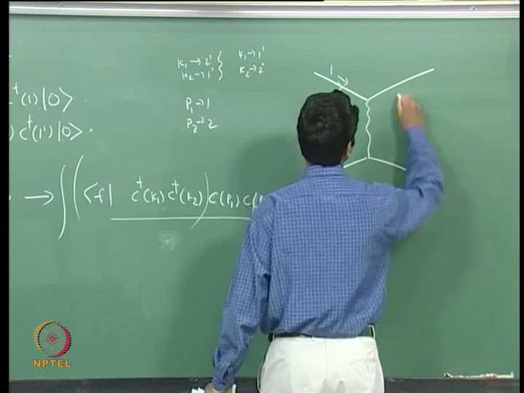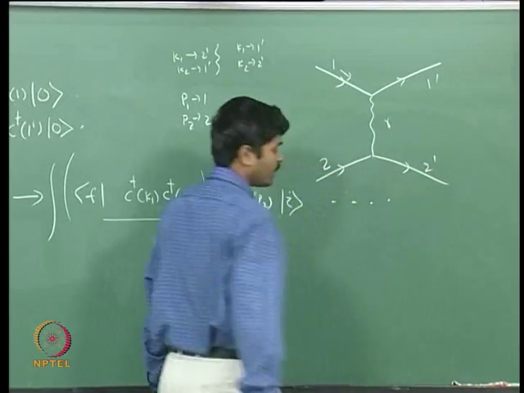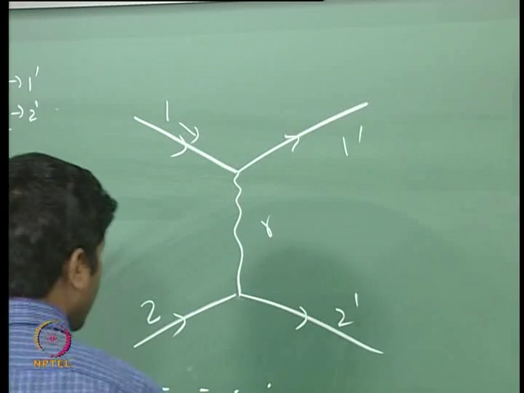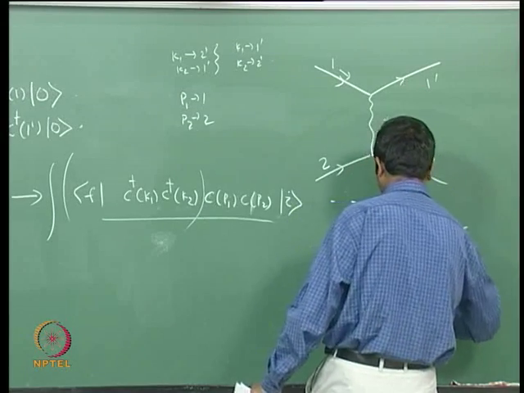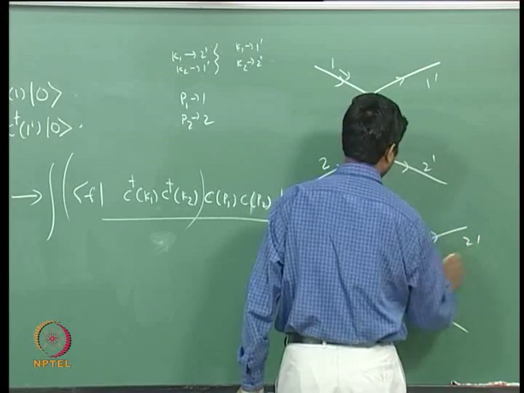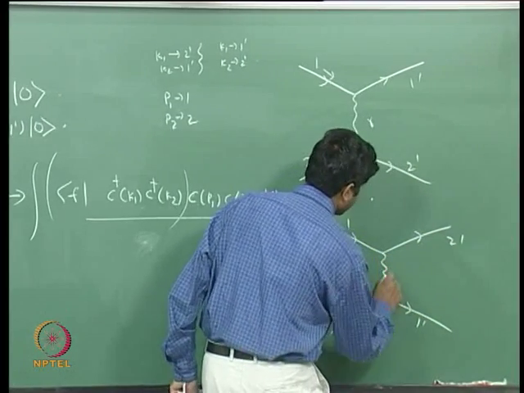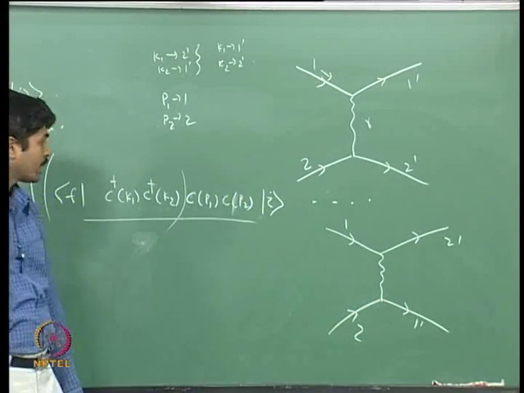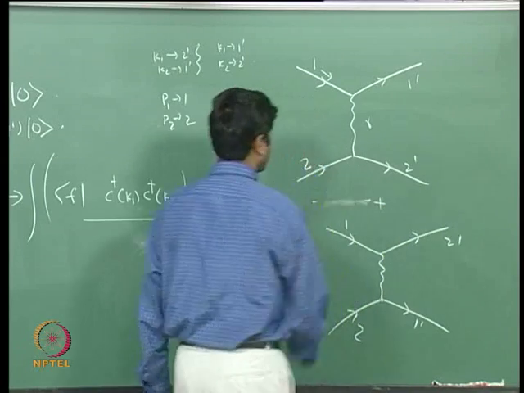So 1, 2 going to 1 prime, 2 prime, there is a photon propagator, or you have this possibility here, 1 going to 2 prime, 2 going to 1 prime, and there is a photon propagator, and the amplitude will be the sum of these 2 amplitudes.